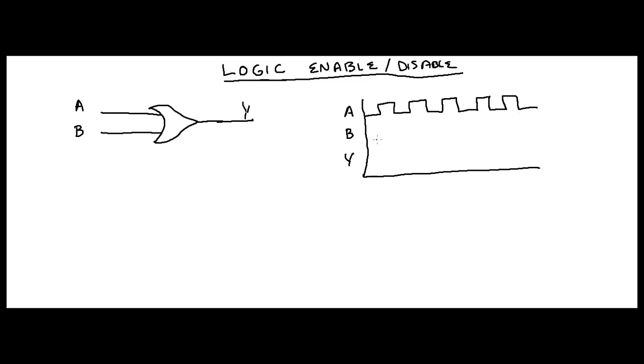Now B. Well, we can make B low for the first part, and at this point we'll make it go high. Alright? So what's Y going to do? Remember, this is a 0 at this point. A is 0, and B is a 0 here, right? So 0, 0 means Y is going to be low, right?